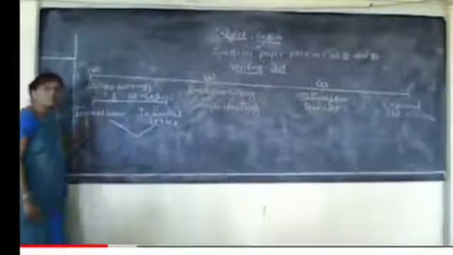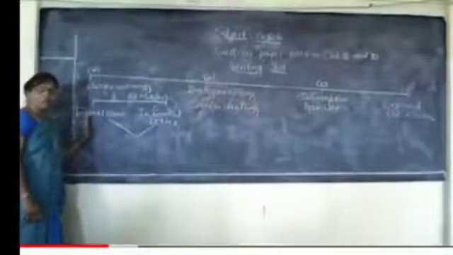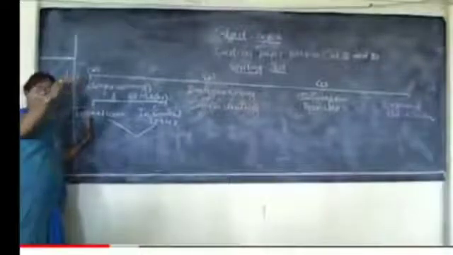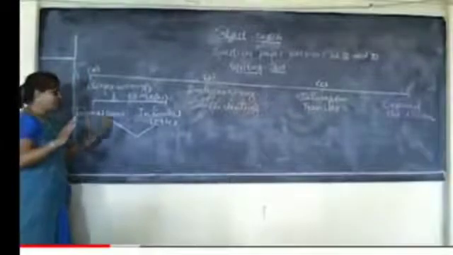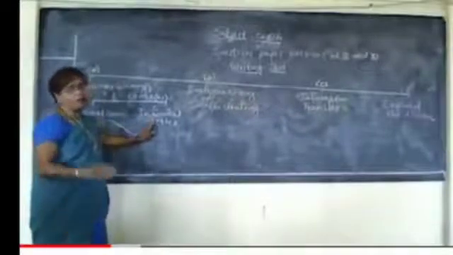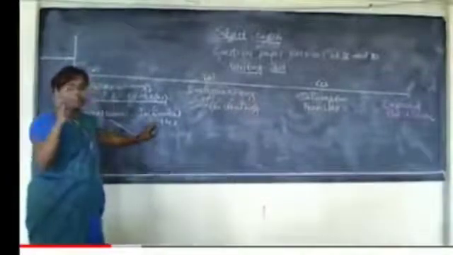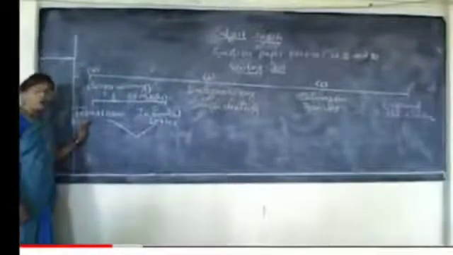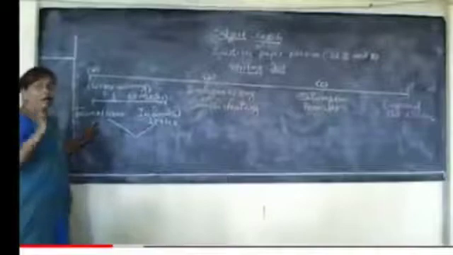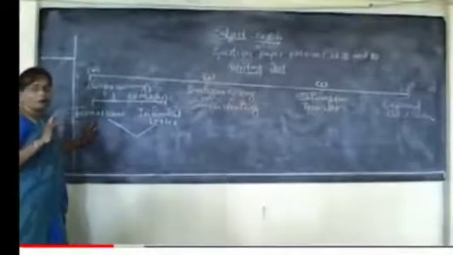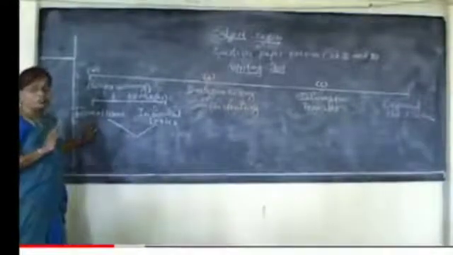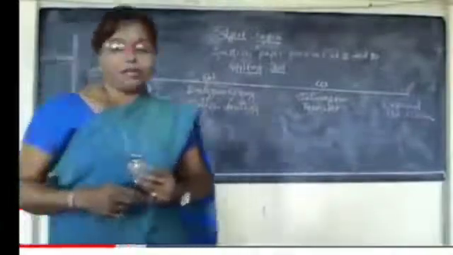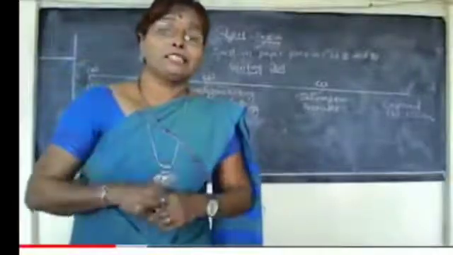When you are choosing this formal letter, you have half mark for the sender's address and date. Same way, in informal letter also we have half mark for sender's address and date. Then in formal letter, you have again half mark for the salutation, and one more thing, that is recipient's address.